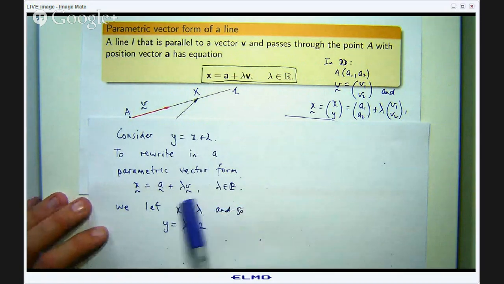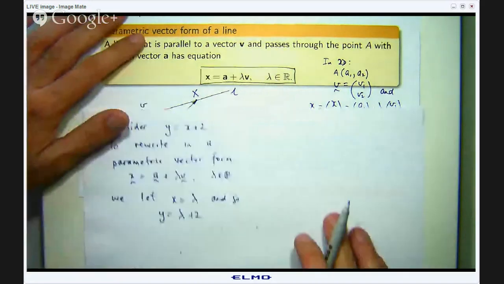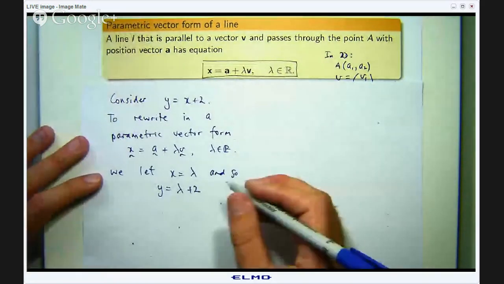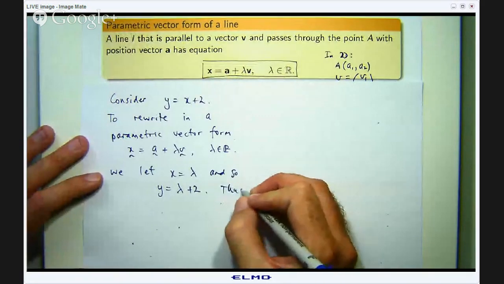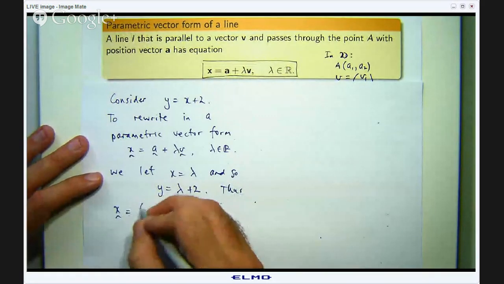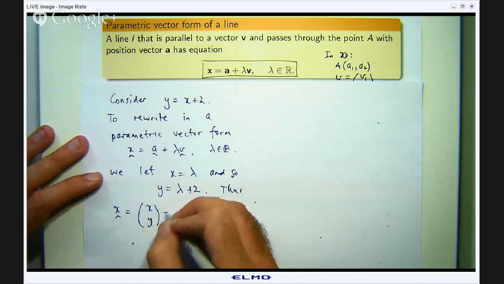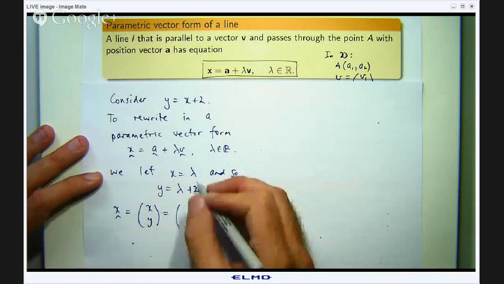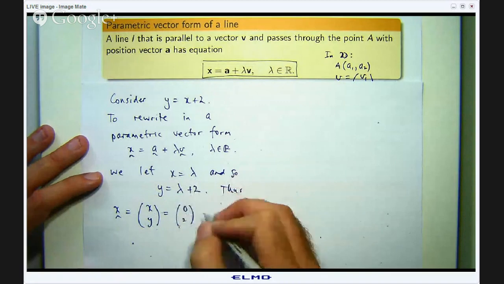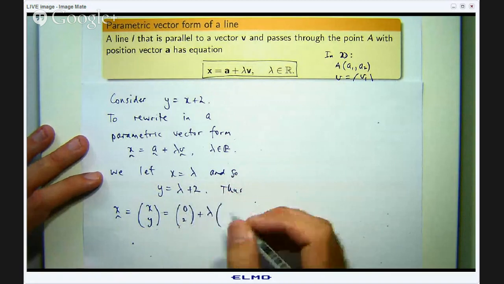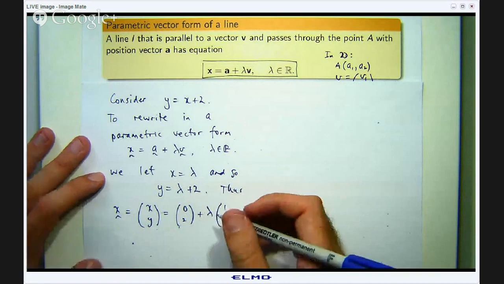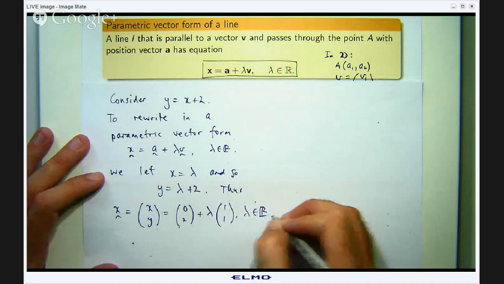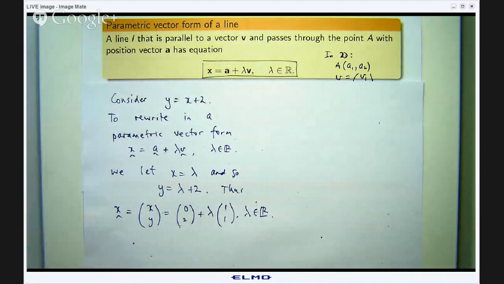Okay, now from these two equations I can form my parametric vector equations. If I take out, say, lambda, then I have the following vector form.